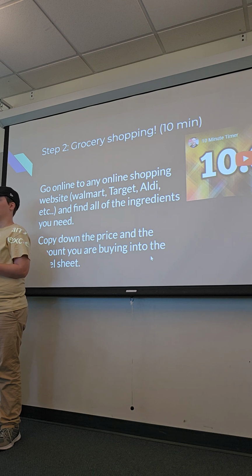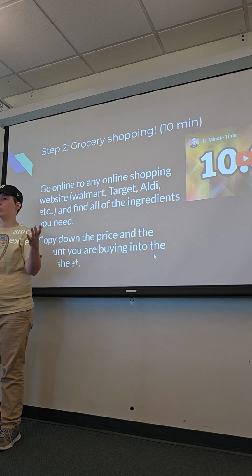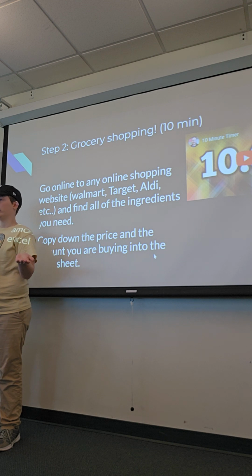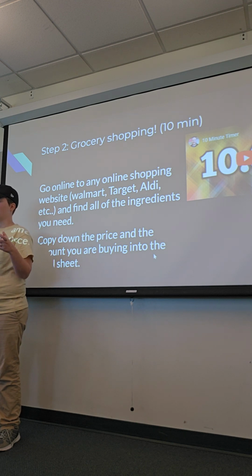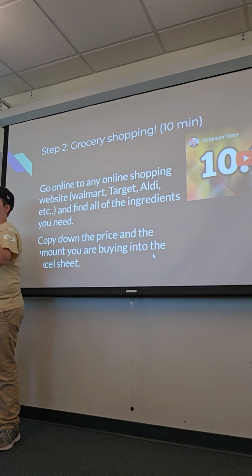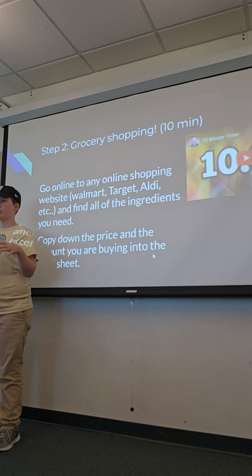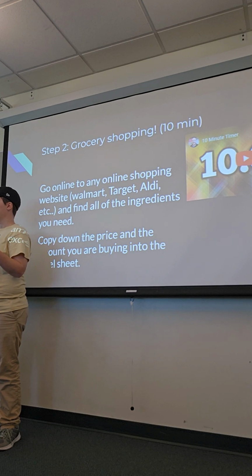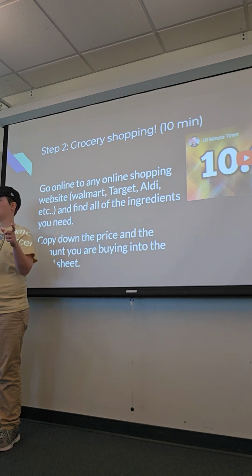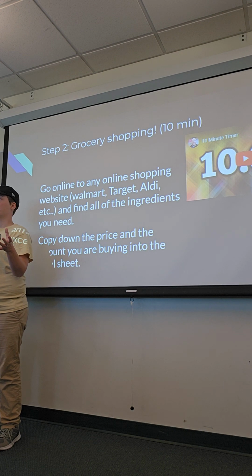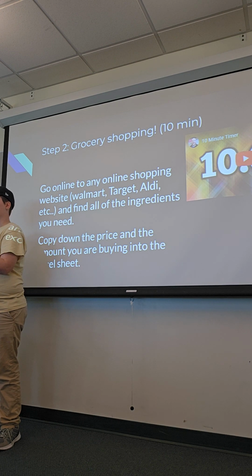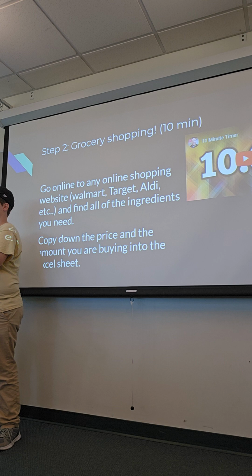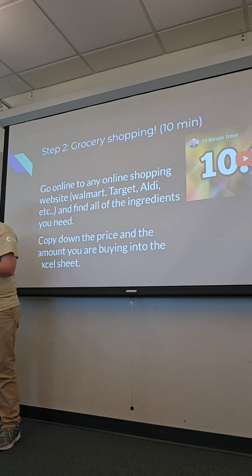So let's say your recipe calls for 1 egg. You can't buy just 1 egg most places. You're gonna have to buy the whole carton of eggs. So what we want you to write down is, go online to Walmart.com, Target.com, whatever it is, and go shopping on their website and find something that will be enough for your recipe. Write down how much it costs and how much you're buying. So let's say you're buying a box of eggs.